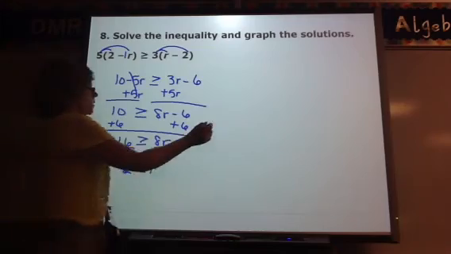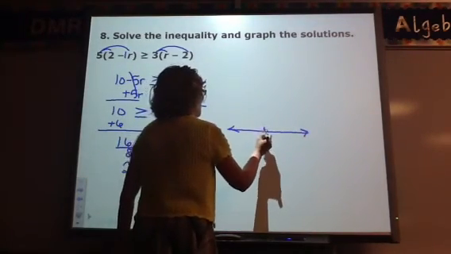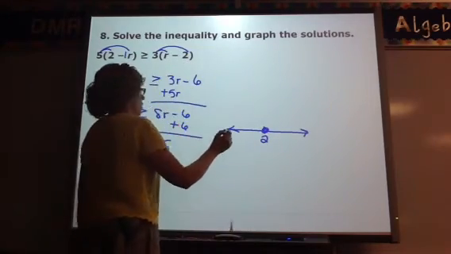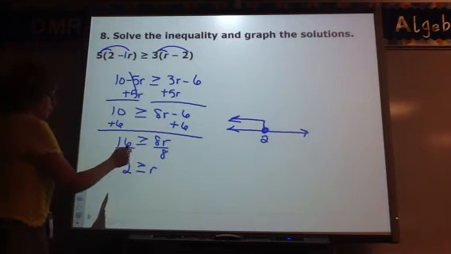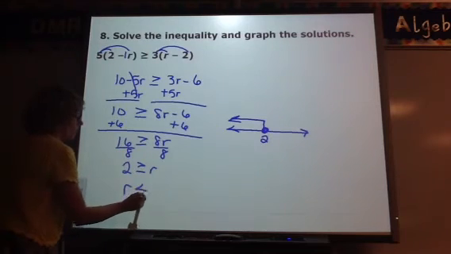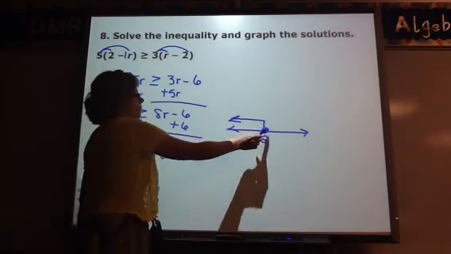Okay, so this is telling you that 2 is greater than or equal to r. If this confuses you, rewrite it with your variable first, switch your inequality symbol. R is less than or equal to 2.